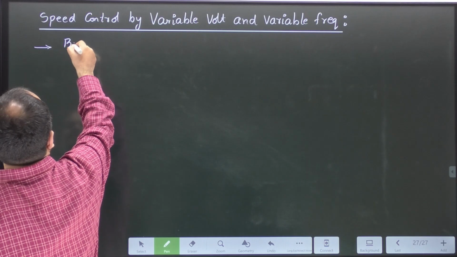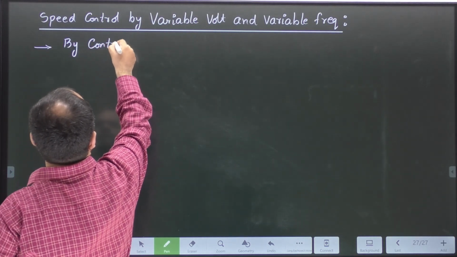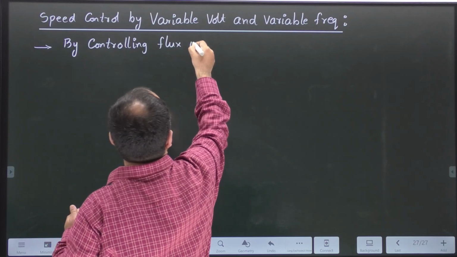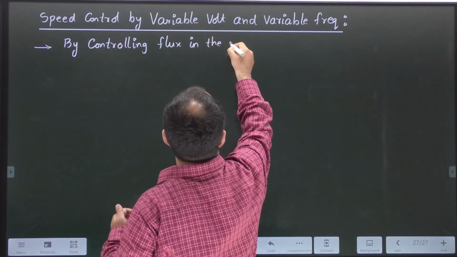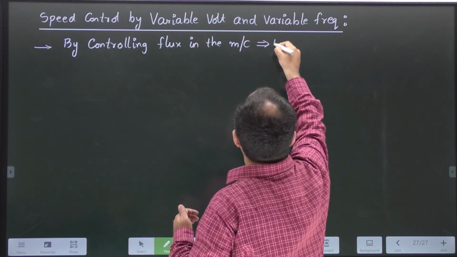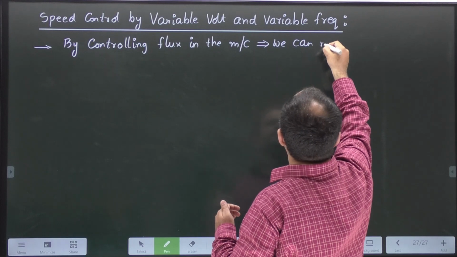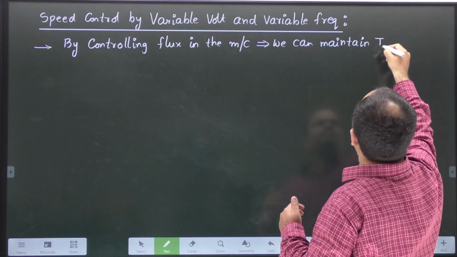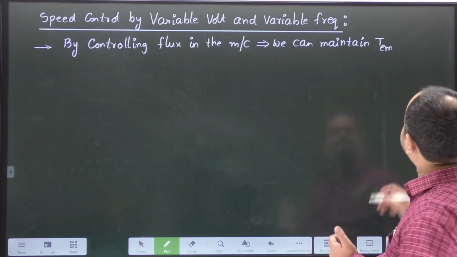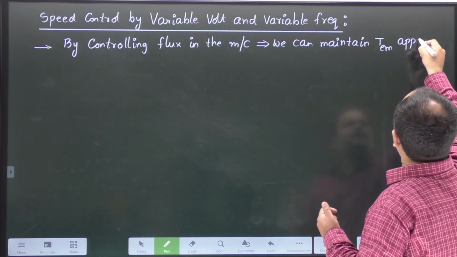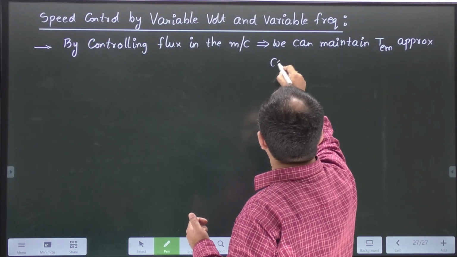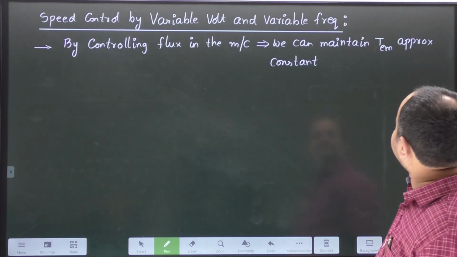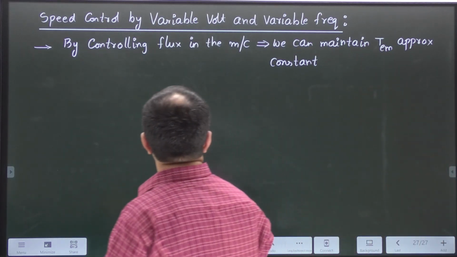By controlling flux in the machine we can maintain maximum torque developed by the motor approximately constant.